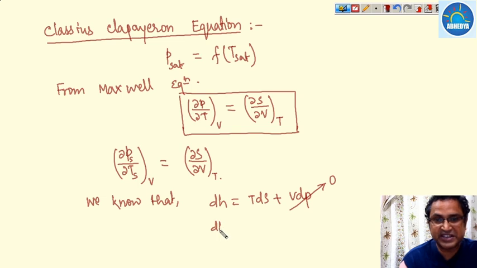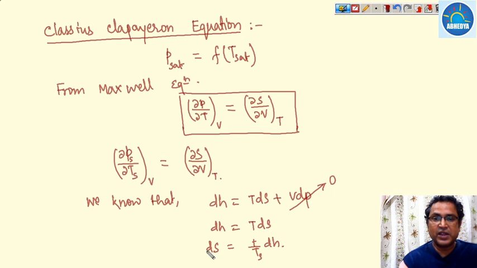So dH is equal to TdS. During the phase transfer the temperature remains constant, and this is the saturation temperature, so dS is equal to 1 by Ts, that is saturation temperature, into dH.